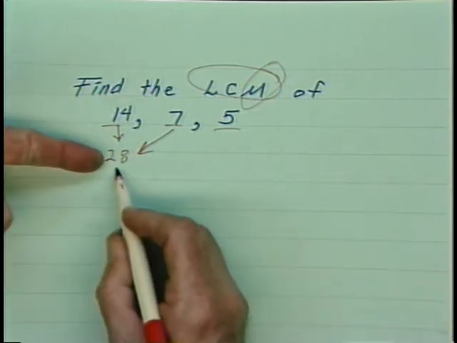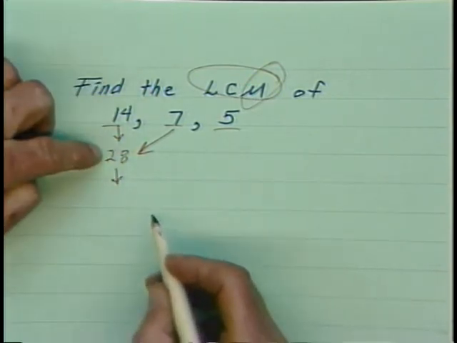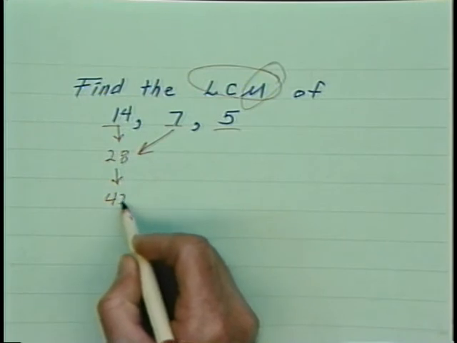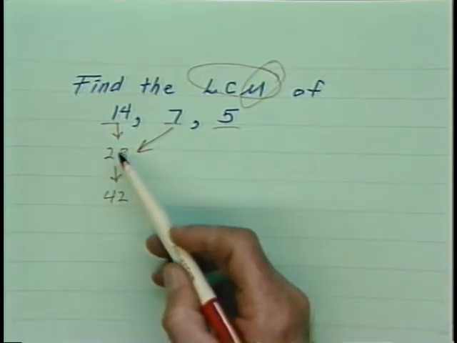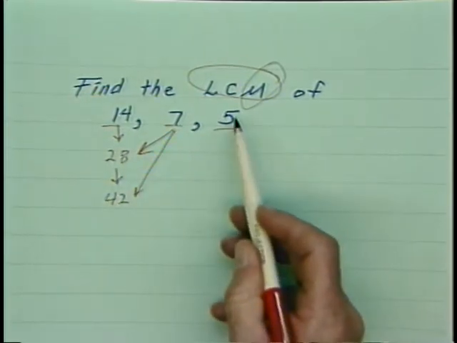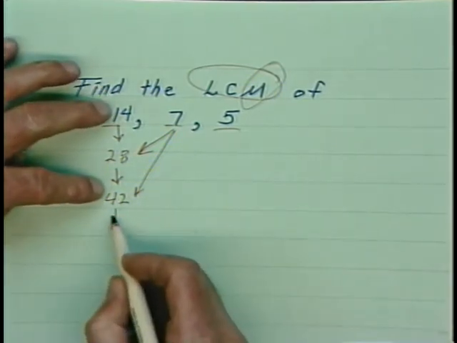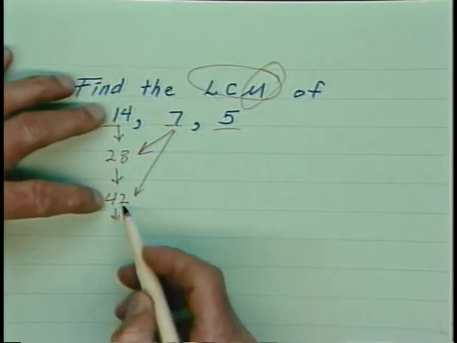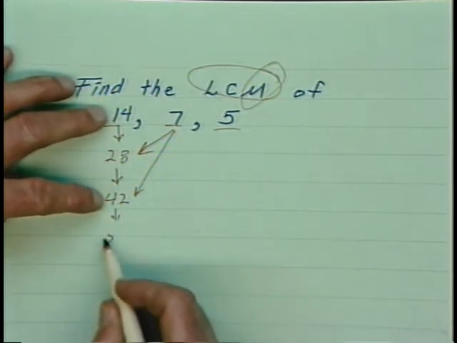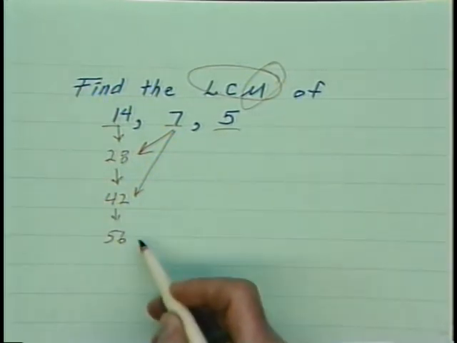If we find the next multiple, which is 14 added to this, which would be 42, since 7 goes into this, it still goes into this, but 5 still won't. If we take the next multiple, which will be 14 plus 42, which is 56, 5 still will not.